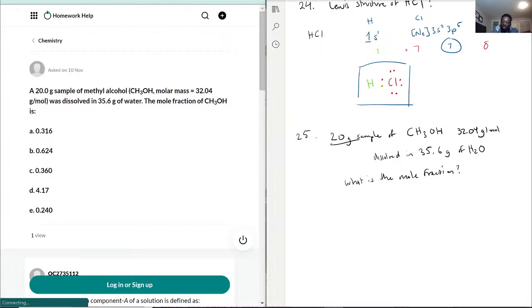So with that being said, we're given quite a bit of data here, right? Now mole fraction, maybe you can guess it, but I'm going to explain it.